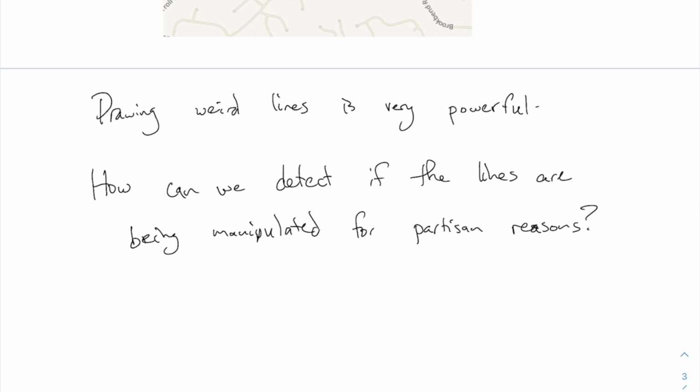The people who are trying to draw the lines to fix the results in a certain way, those are the bad actors, right? They are acting in an undemocratic way, because you're trying to influence the election just by changing the technicalities of the lines rather than actually changing people's minds. The more important question for the good guys is how can you tell if somebody else is doing this?